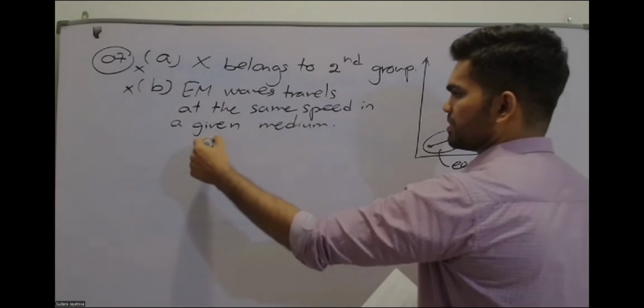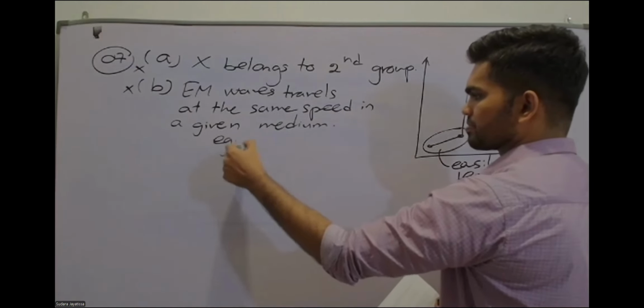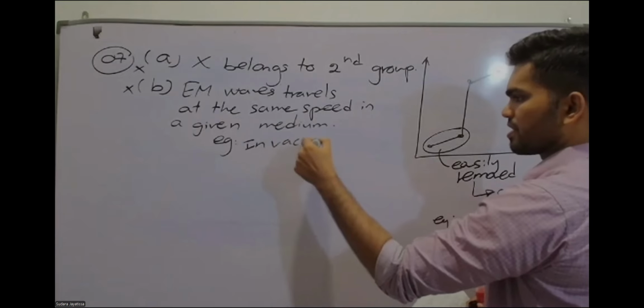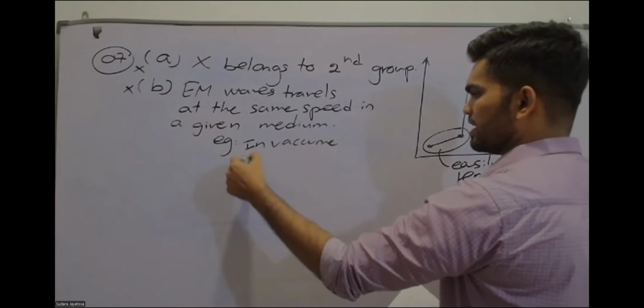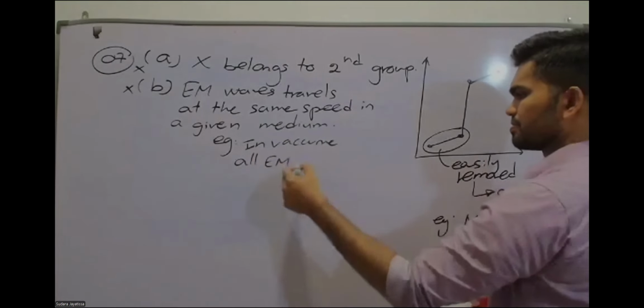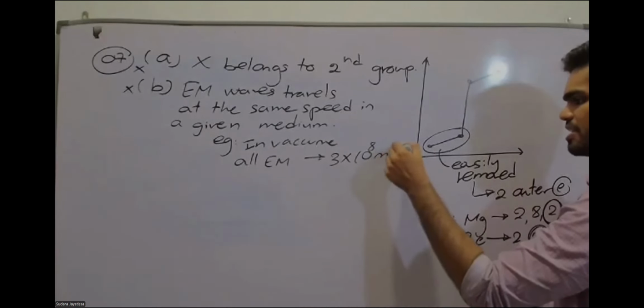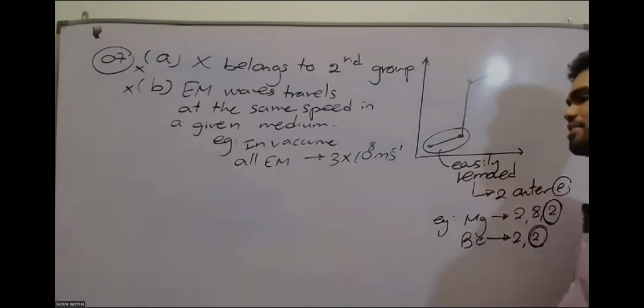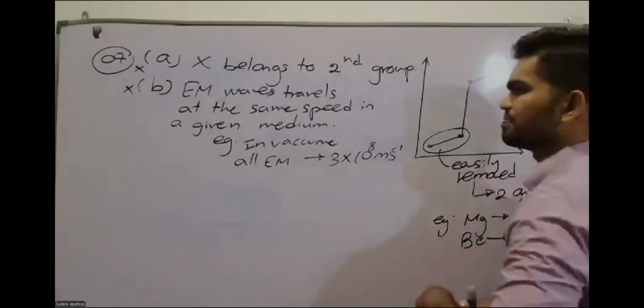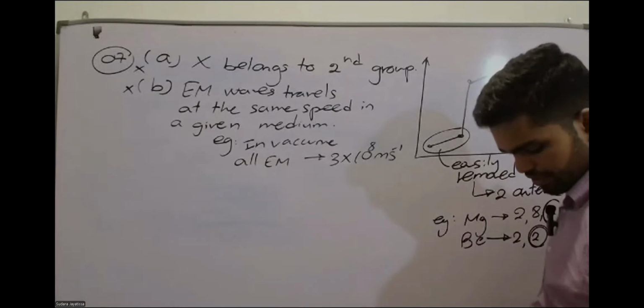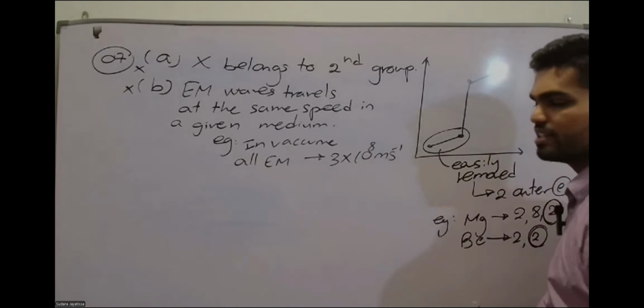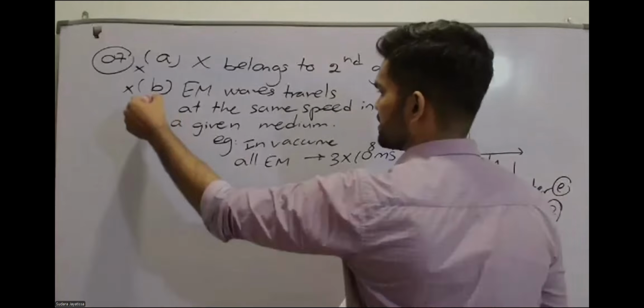For example, in vacuum, what is the speed? In vacuum, all EM waves have 3 into 10 to the power 8 meters per second speed. They all got this speed. Understood? So how do they differ from each other? EM waves differ from one another because of their wavelength and frequency.